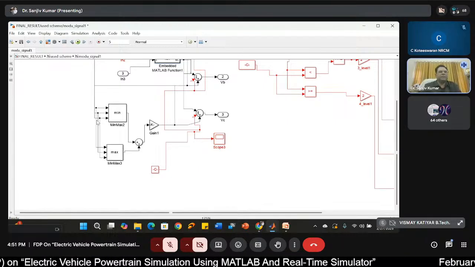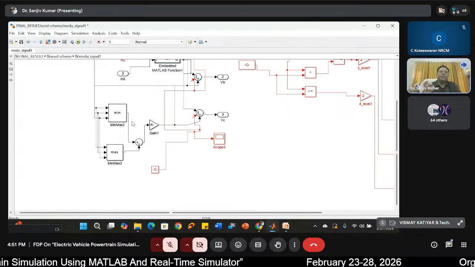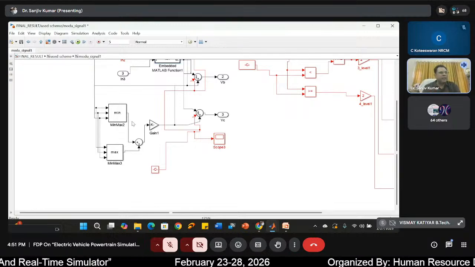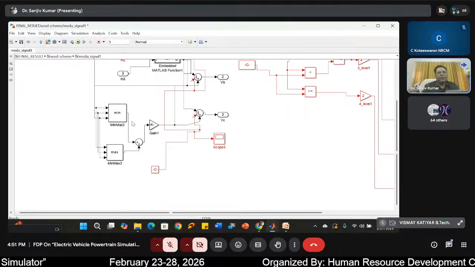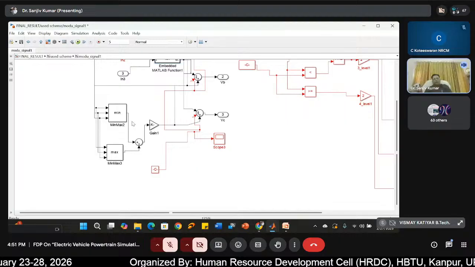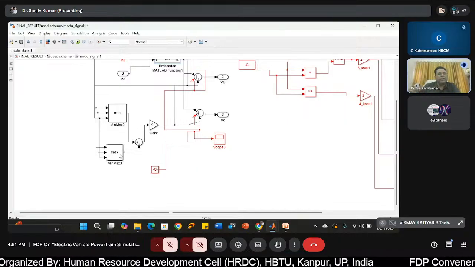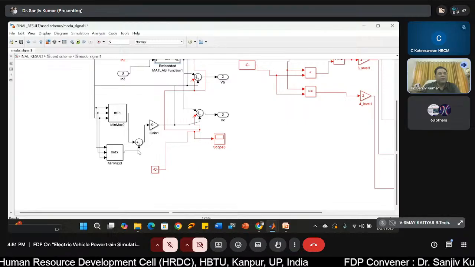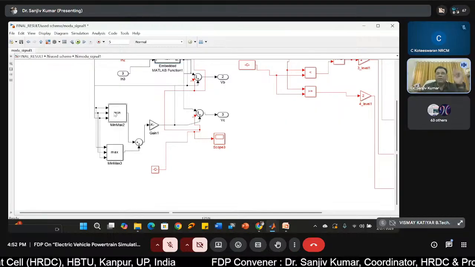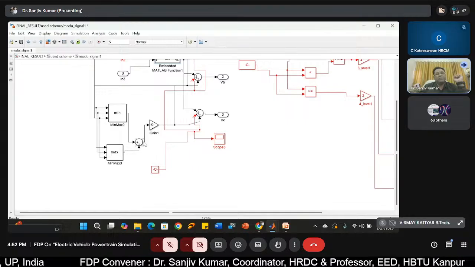VA, VB, VC are three signals running in the same time domain, and the value which is having higher amplitude will be outputted here as the maxima of VA, VB, VC. Likewise, the value which is having the minimum of these will be outputted through this, that is the minimum.